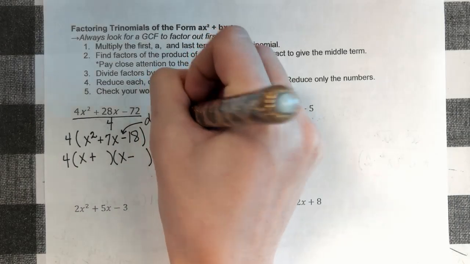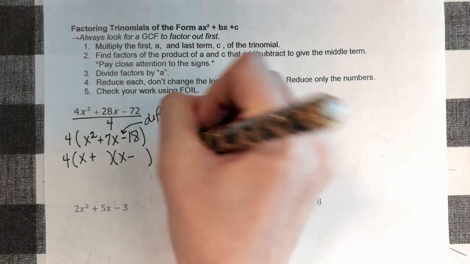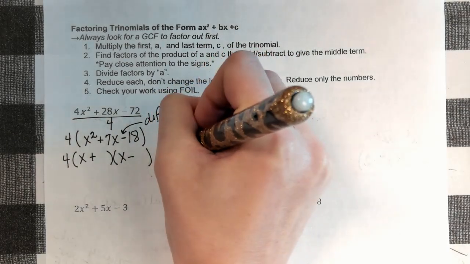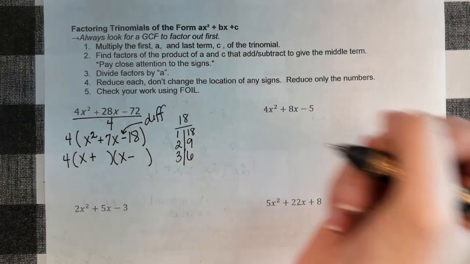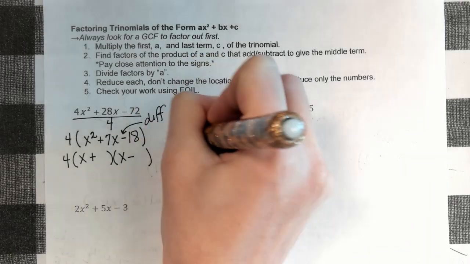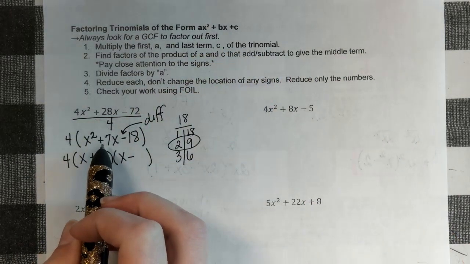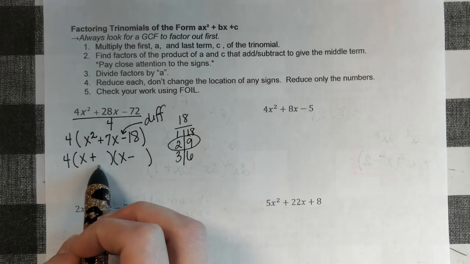Okay, so I take my 18, factors of 18, 1 and 18, 2 and 9, 3 and 6. What's going to give me a 7? 2 and 9. Now they're different. My larger factor takes the sign of the middle. My middle sign is positive, so which one goes with the positive?